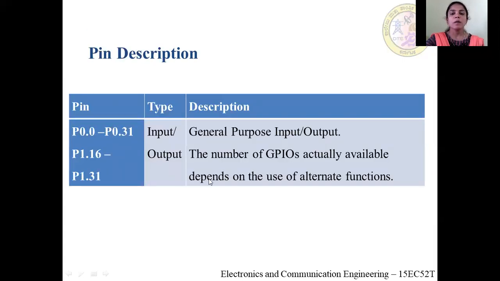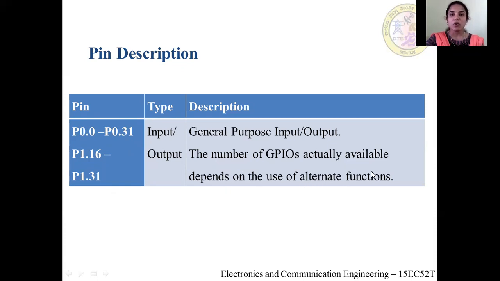So this is the pin description, as I said before: port 0.0 to port 0.31. The 32 pins of port 0 are used for general purpose input and output operation. In port 1, we have only 16 pins, from port 1.16 to port 1.31. The number of GPIOs actually available depends on the use of alternate functions.